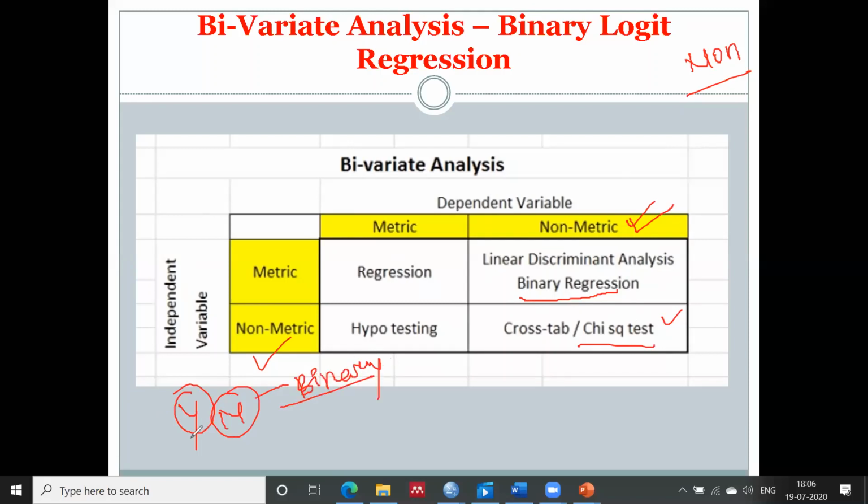But if you have more than two categories in your dependent variable, then you should apply the multinomial logit regression. Multinomial logit regression, right? If you have three categories, more than two categories.